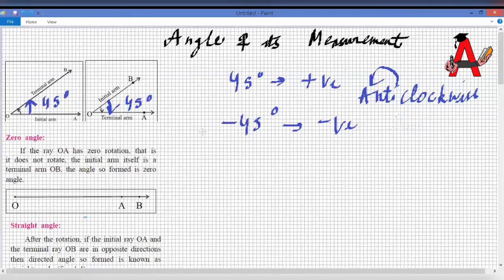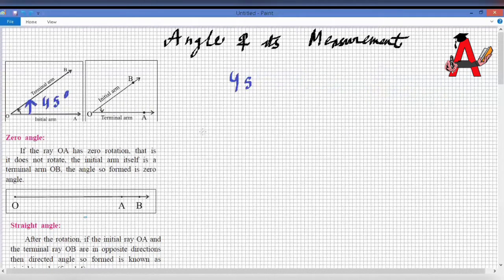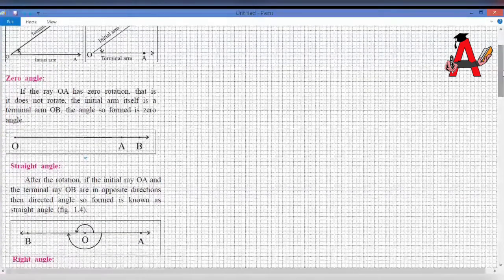Now let's learn something more. There are different types of angles: zero angle, straight angle. Let's understand them. First one, zero angle.